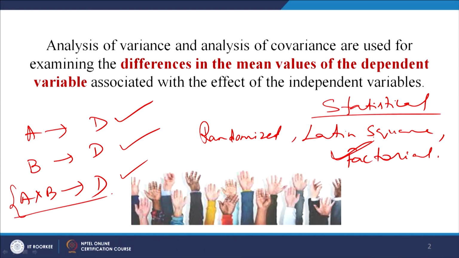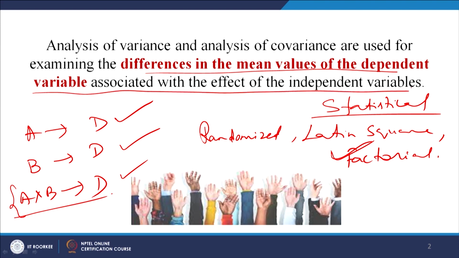So, how do we test this hypothesis and what are the basic requirements to go for it? The first is analysis of variance and analysis of covariance. What do these mean? These are techniques used for examining the differences in the mean values of the dependent variable associated with the effect of the independent variables.